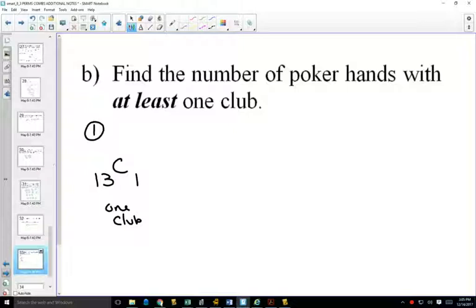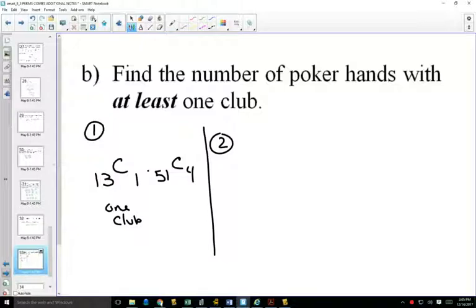I have 51 cards left. I need to choose 4 more. There's a possibility I get more clubs, but there's a possibility I don't get any more clubs. But I will be guaranteed to get at least 1 club. That's case number 1. Make sense? Of course it makes sense. They're all right.